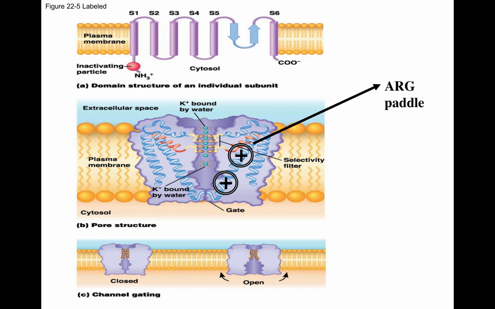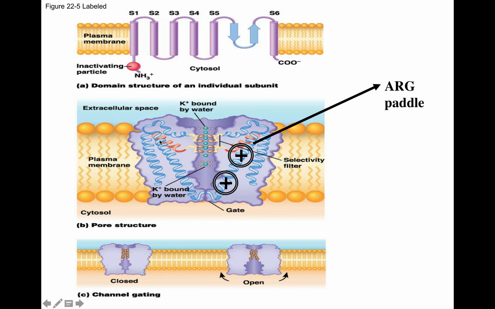During an action potential, which we'll talk about shortly, the inside is going to become positive for a short amount of time, and the outside negative for a short amount of time. So at rest, the inside is negative, and these positively charged residues are attracted to the inside. But during an action potential, that flips, and these positive charges are going to shift up and be attracted to the extracellular surface for a short amount of time.